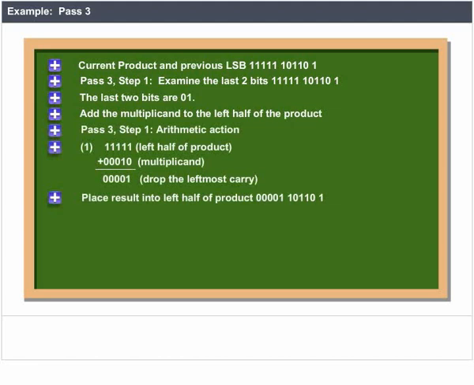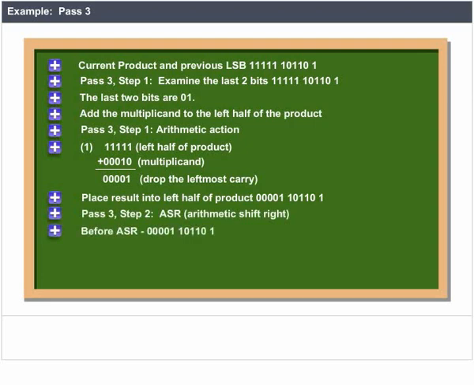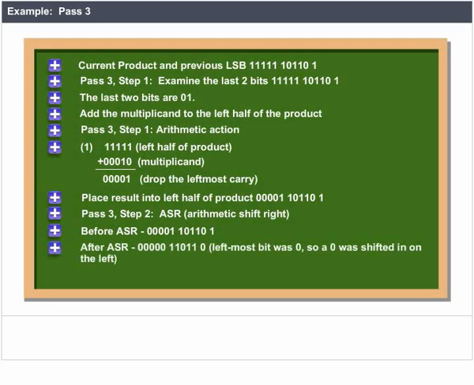Place the result into the left half of the product: 00001, 10110, 1. Pass 3, Step 2. ASR, arithmetic shift right. Before ASR: 00001, 10110, 1. After ASR: 00000, 11011, 0. The leftmost bit was 0, so a 0 was shifted in on the left.